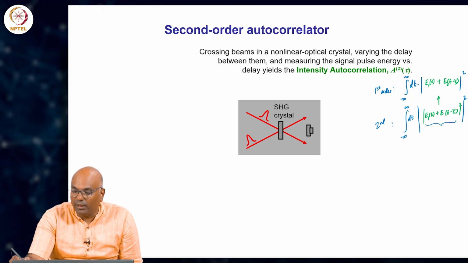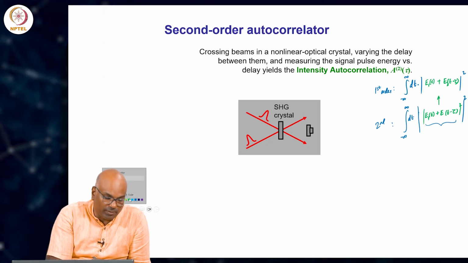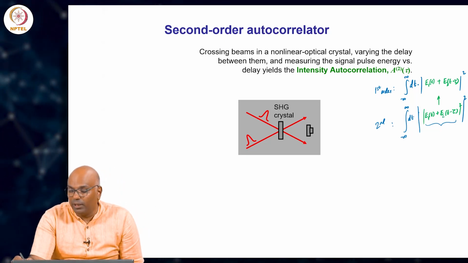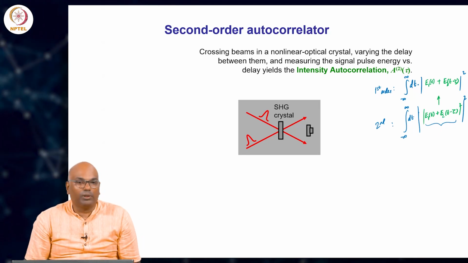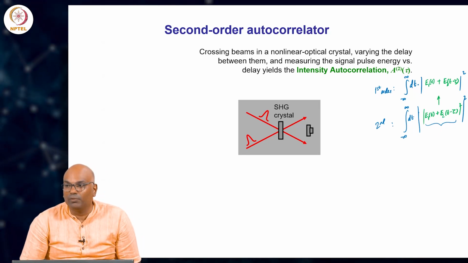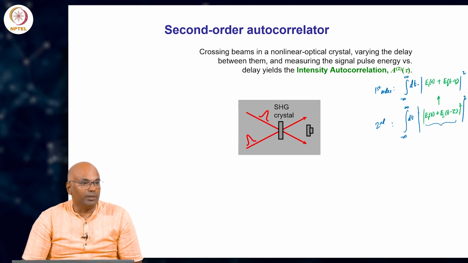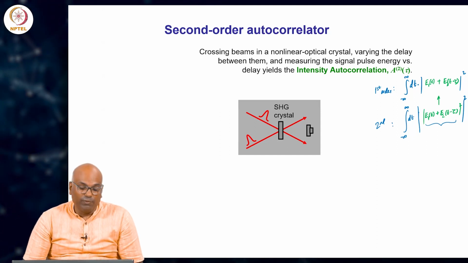Remember, E1 and E2 are merely coherent identical copies of the pulse itself, created by a beam splitter in the setup. How do we generate that?